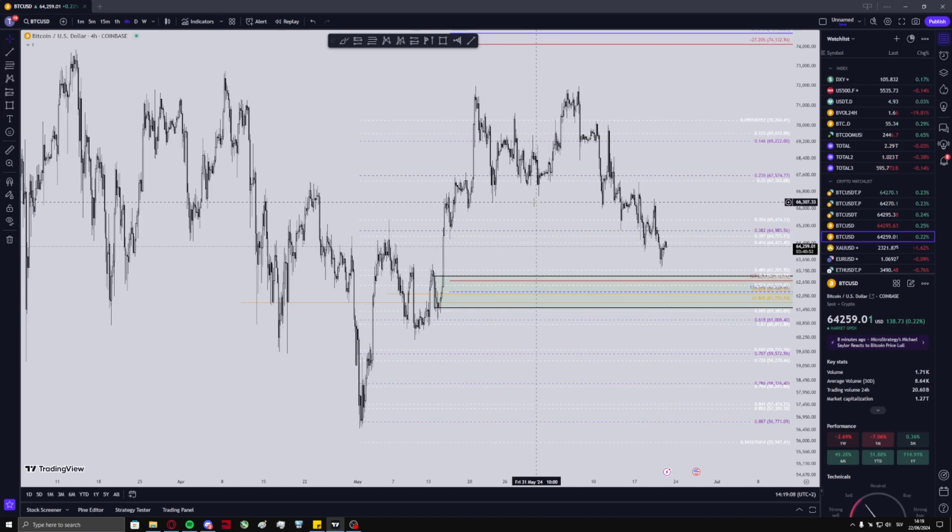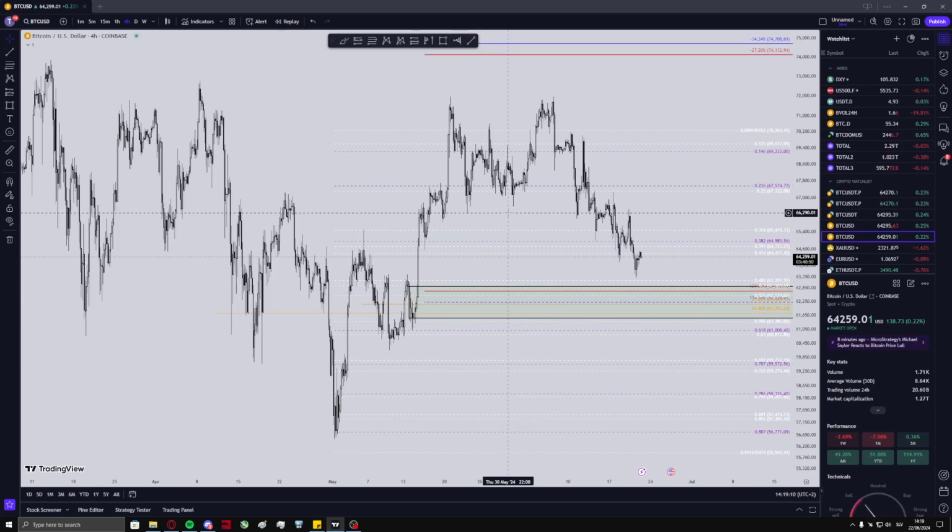Okay, so let me see if I've missed some of the applications, because sometimes I even forget how many I have. It's just about seeing it on the chart.